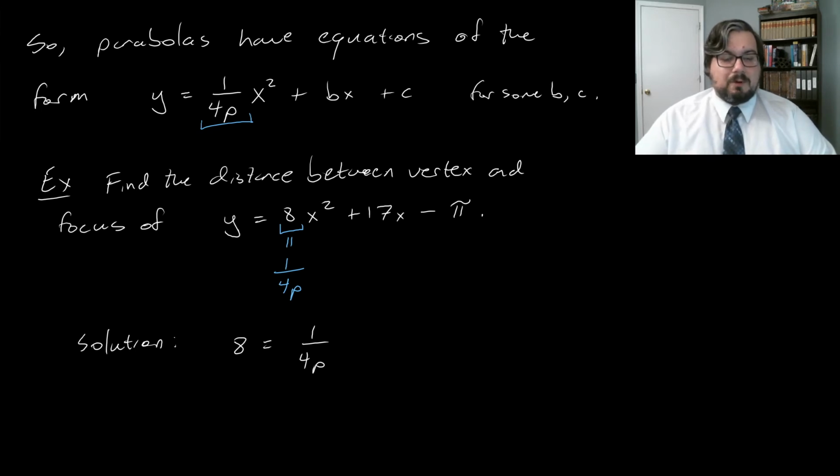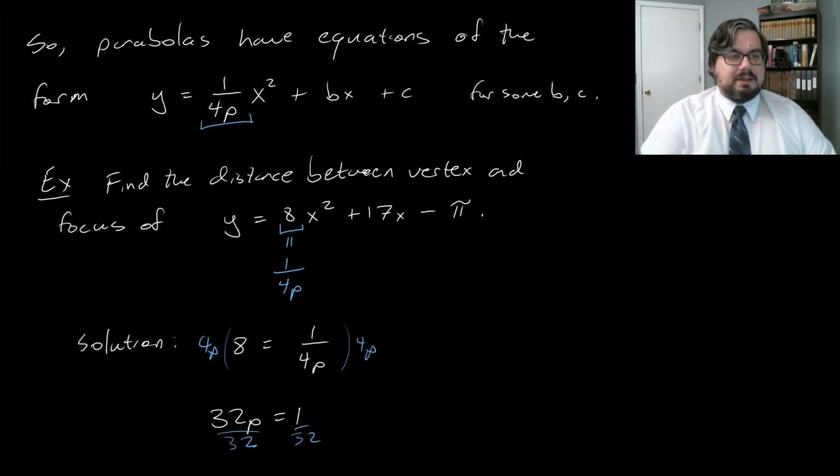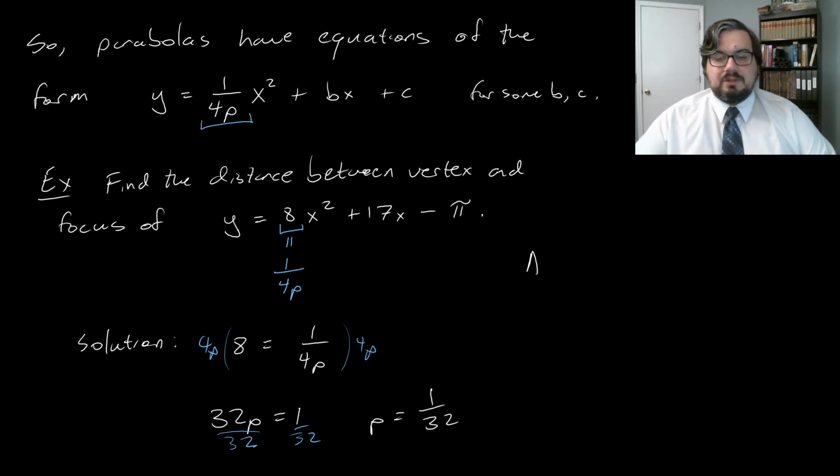If we multiply 4p on both sides, we get that 32p is equal to 1. Divide both sides by 32, and we get that p is equal to 1 over 32. So our answer is that there is a distance of 1 over 32 between the vertex and the focus.